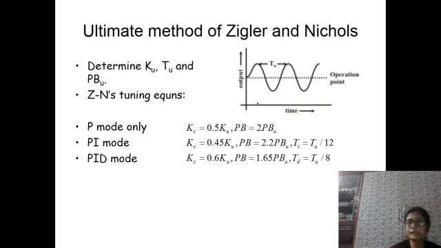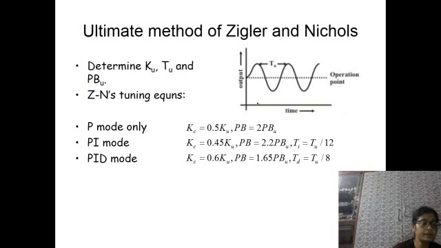So typically in this closed loop Ziegler-Nichols method, or ultimate method, the controller is placed in closed loop and in proportional mode only. The gain of the controller is increased in steps from a low initial value.